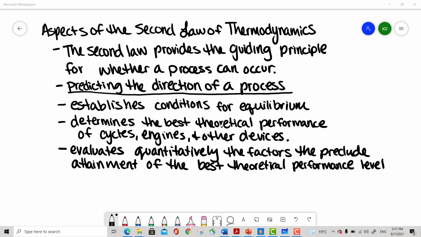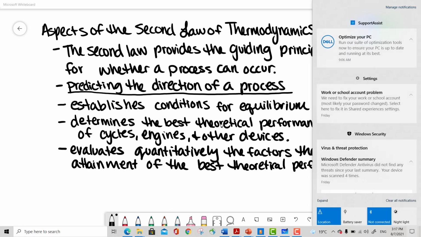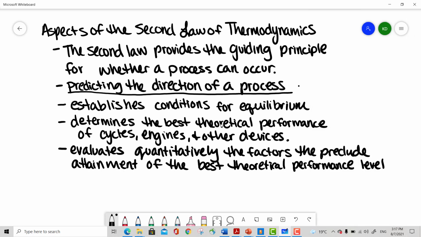Okay, so just piggybacking on this, it determines the best theoretical performance, and we can then evaluate it quantitatively.